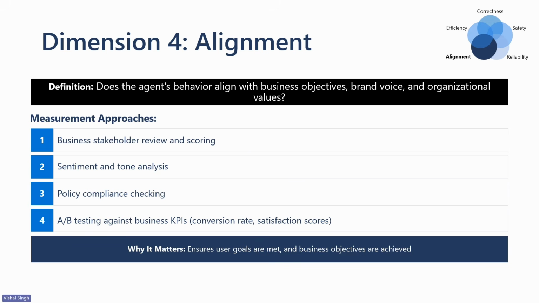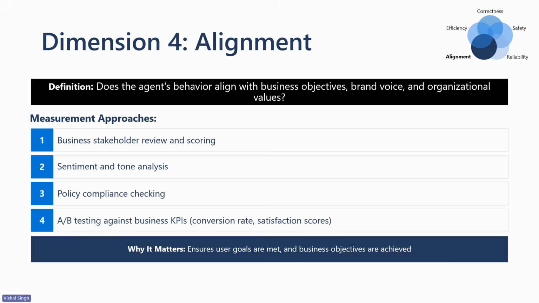So an aligned agent behaves the way your organization intends it to, not just technically, but in terms of judgment. It follows your business rules, reflects the right tone for your brand and the context, and knows when to escalate a decision rather than make it independently. Alignment is a dimension that answers the question: does the agent actually represent us well?